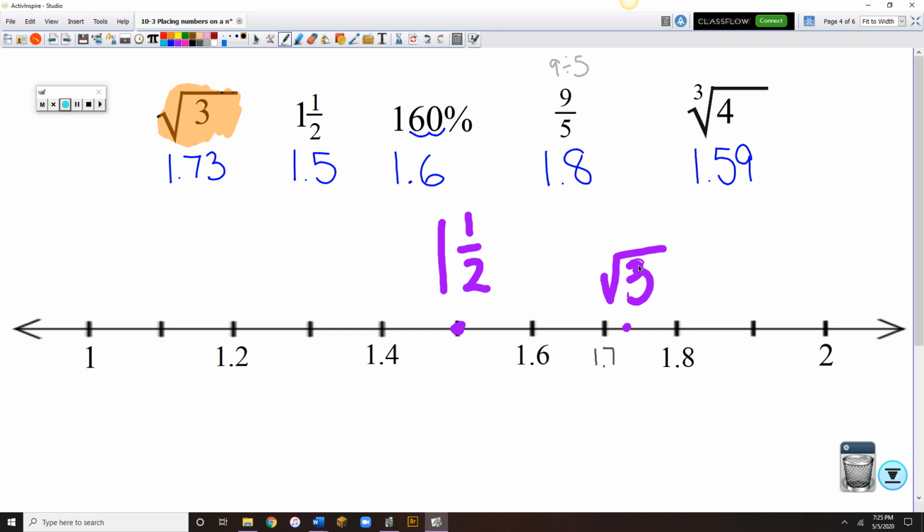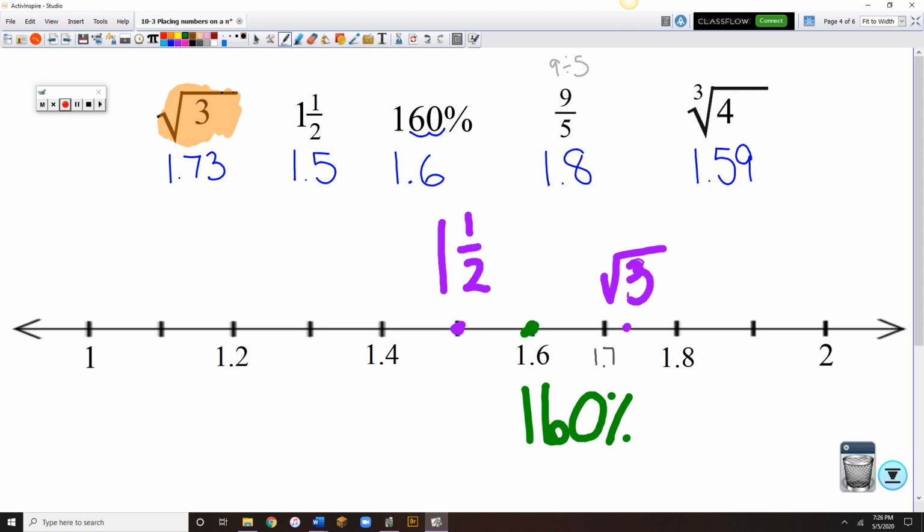All right, now if you do find that you're having difficulty labeling the number lines because it looks too smushed, or some of the dots are closer together, you can draw your dot, but I'm going to put my 160% underneath. Okay, you can label above and below.